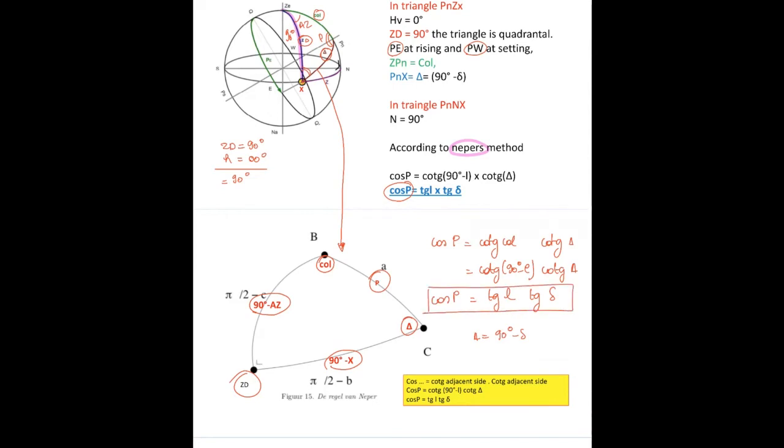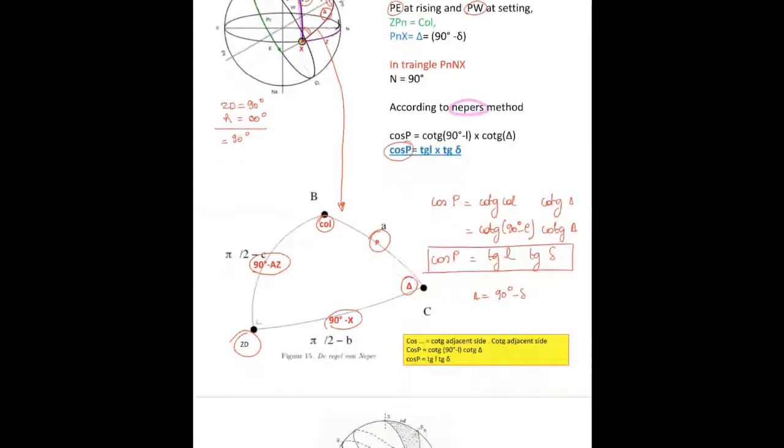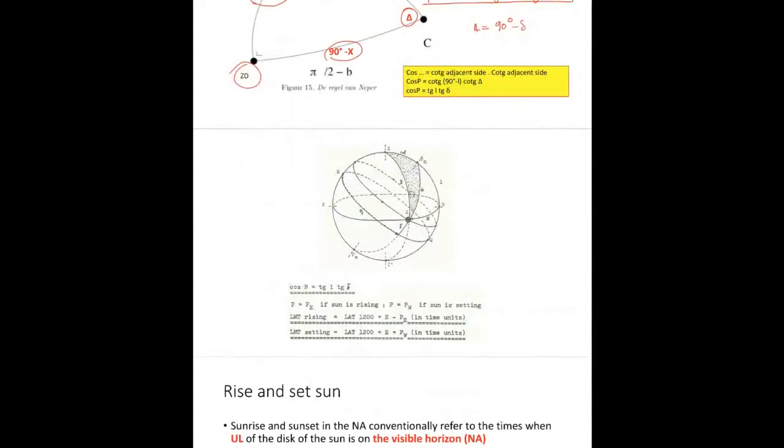Okay, and so what does this tell us about the moment of sunrise and sunset? Here again on this drawing we have our polar angle, okay, which equals this arc here. And so what can we do if we know the moment of meridian passage?